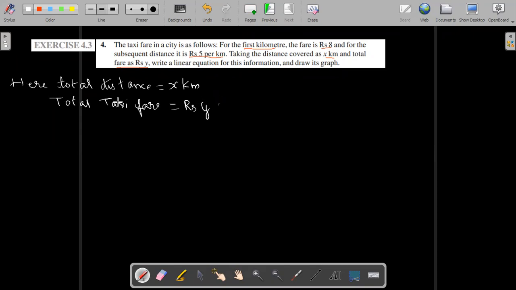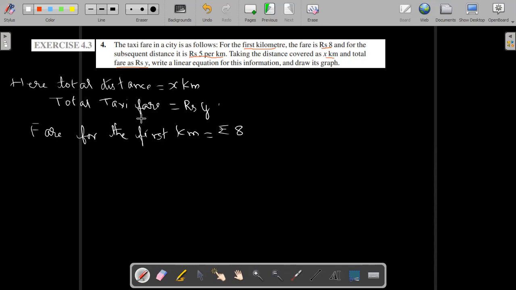Okay. So if you are riding, suppose, x kilometers, you have to pay 8 rupees for the first kilometer. Fare for the first kilometer is rupees 8, and the remaining distance is how much?